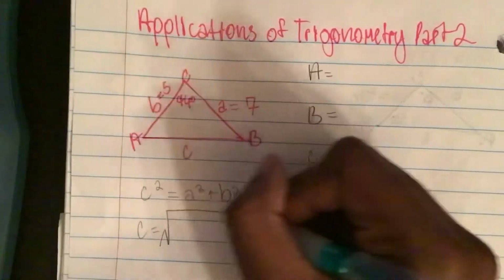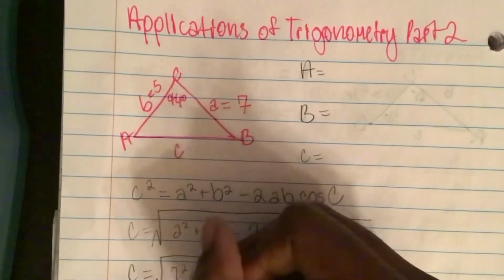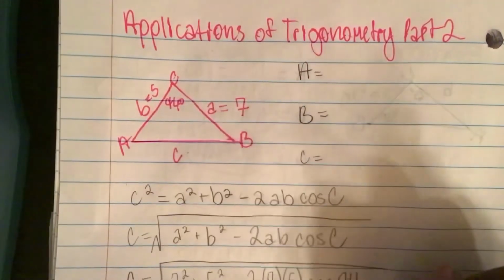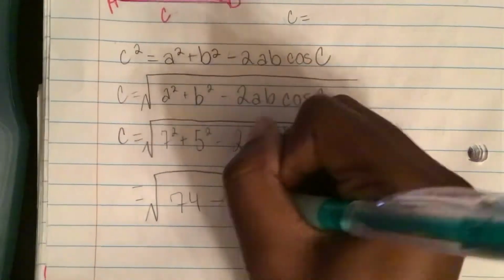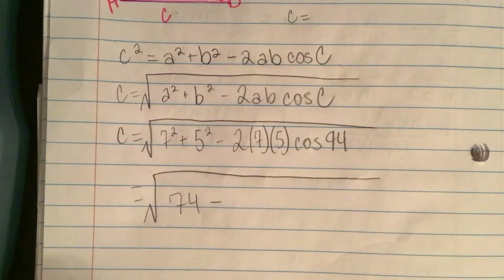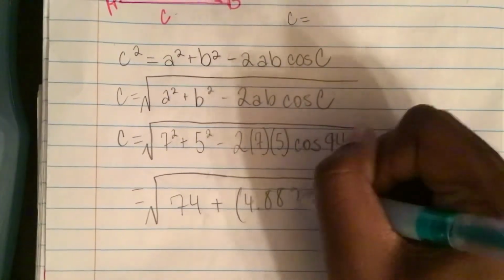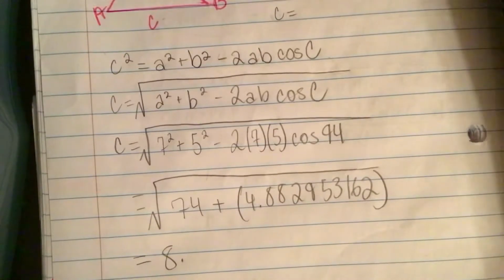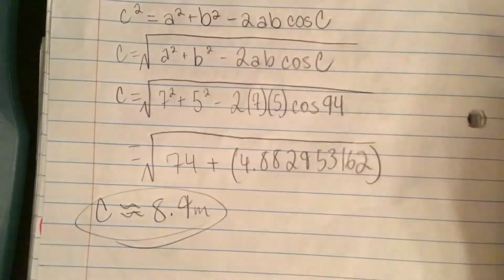So C equals the square root of A squared plus B squared minus 2AB cosine of C, which is the square root of 7 squared plus 5 squared minus 2 times 7 times 5 times cosine of 94. Calculator here. So this tells us that C equals about 8.9 meters.